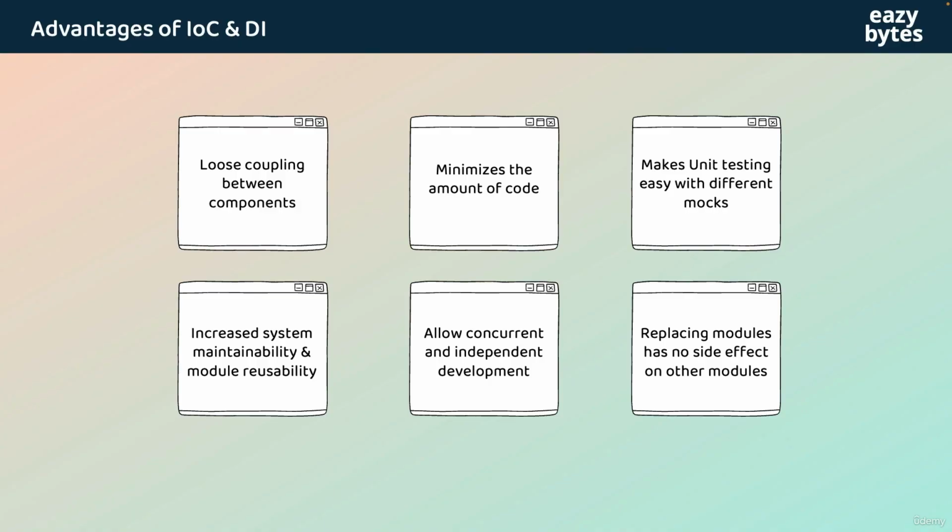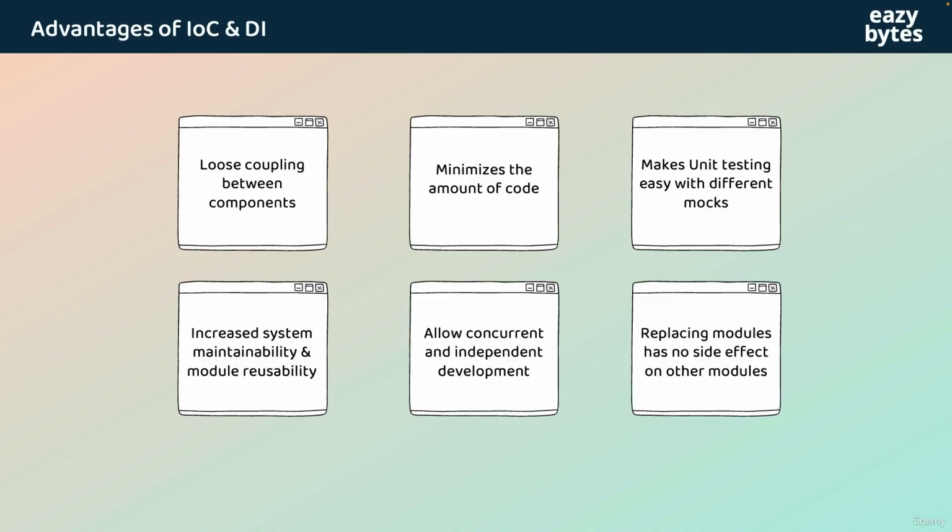Dependency injection and IoC also increase the system maintainability and module reusability. We discussed previously how the components or dependencies can be reused in other components because we separated all the logic into separate components. And system maintainability is also going to increase because all your components are not tightly coupled.